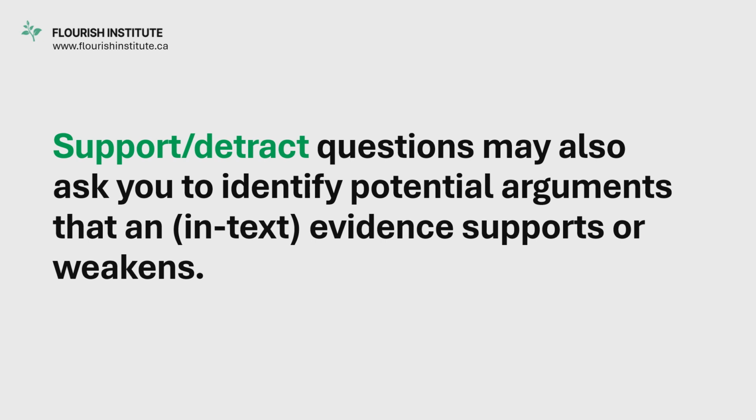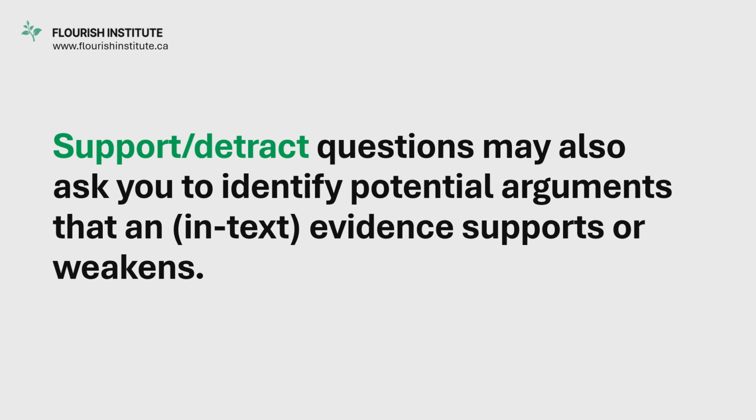So we just mentioned a little bit about this, the support detract type questions, right? They're related to that application type as well. They might ask you to identify potential arguments that are in the text that certain evidence, also in the text, supports or weakens, right? So this also kind of relates back to that function type question as well, right?